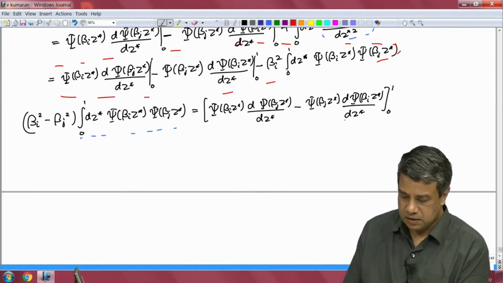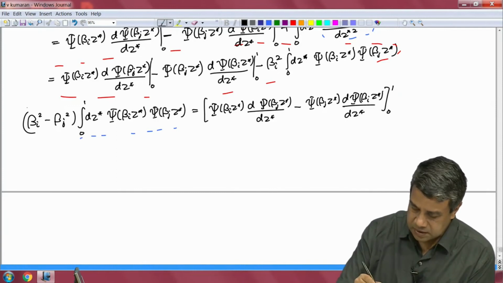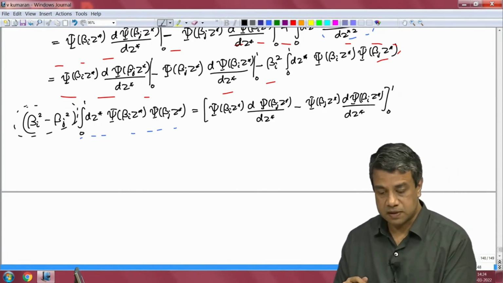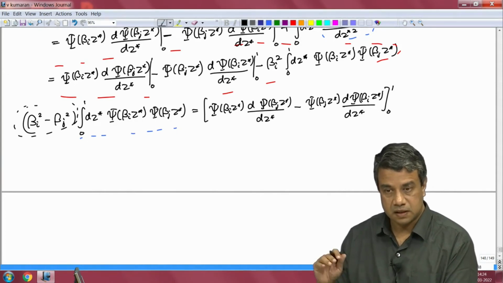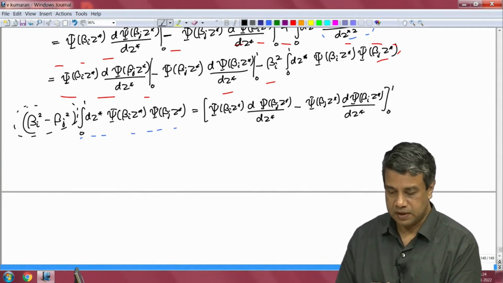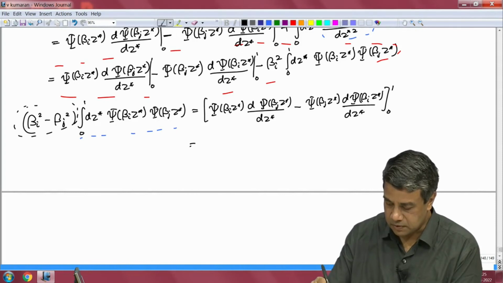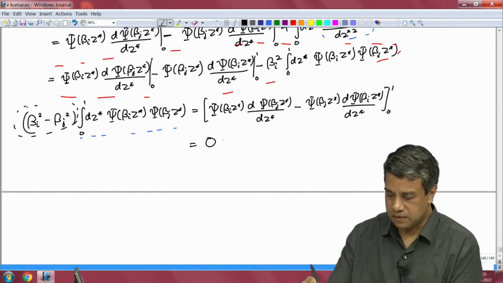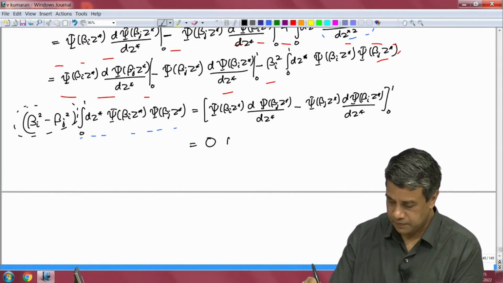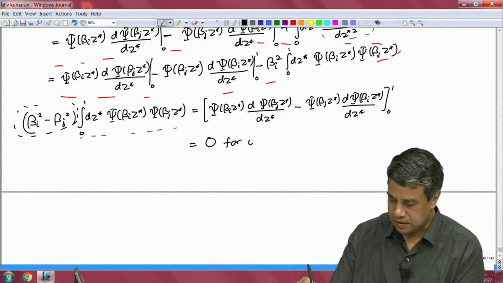So, whenever beta I square minus beta j square is non-zero, the right side is equal to 0, which means that the integral has to be equal to 0 for I not equal to j.